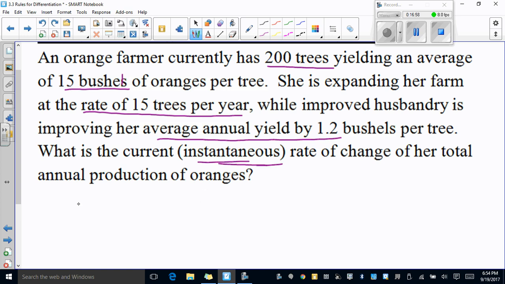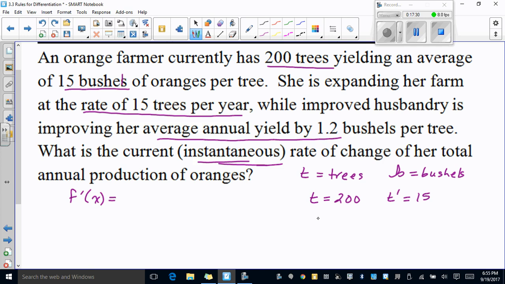This is going to be a product rule. And so instead of me writing things out, we're going to use T for trees and B for bushels. So we have T, we have 200, and T prime, what's the rate of change, is going to be 15 trees.